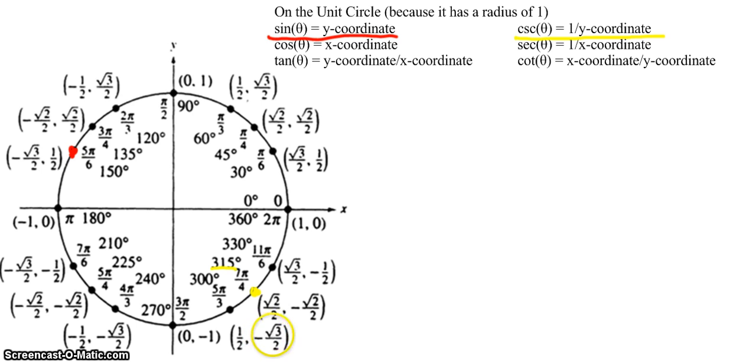There's 2 locations. I have it here at 5 pi thirds, which is also 300 degrees, and I have it here at 4 pi thirds, which is 240 degrees.